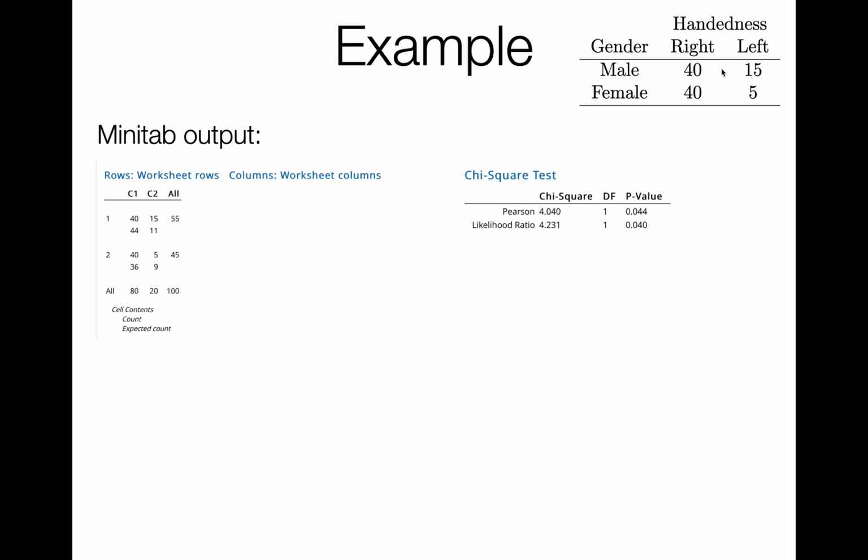That's my actual table. And then below that, here's the legend of the table, are the expected counts. So are all of them greater than 5? Can we move forward? We have 44, 11, 36, and 9. All of them are greater than 5. So we can move forward and all our assumptions are met.